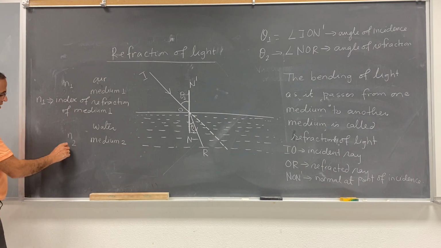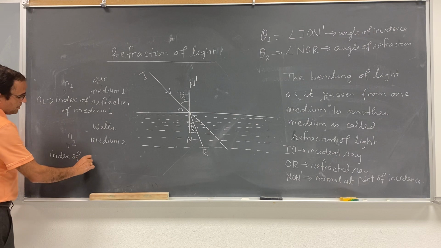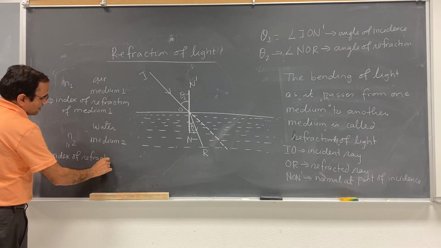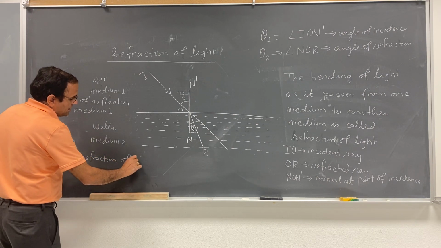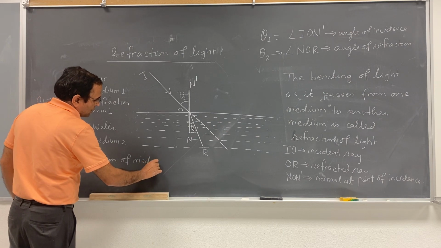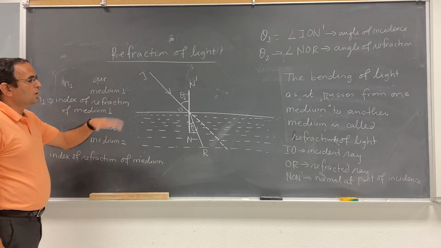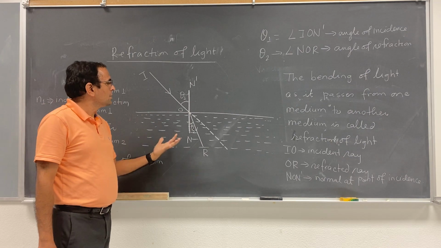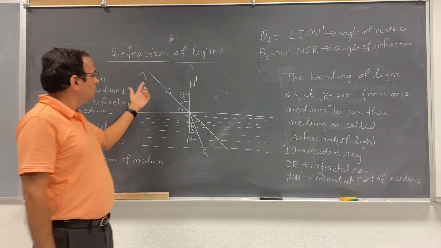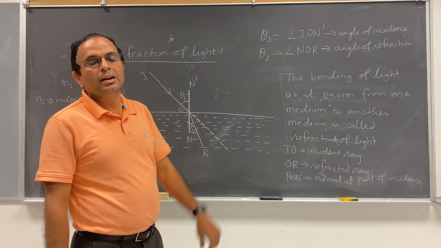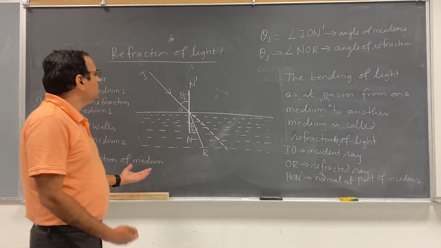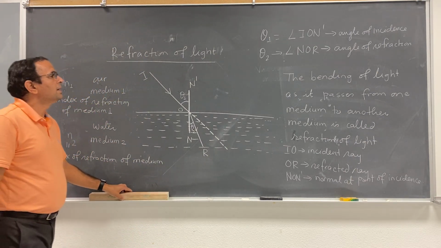And n2 is the index of refraction of medium 2. So you need to define all parameters: what is theta 1, what is theta 2, what is n1, what is n2, what is the incident ray, what is the refracted ray, like that. Okay, then we can define the laws of refraction.